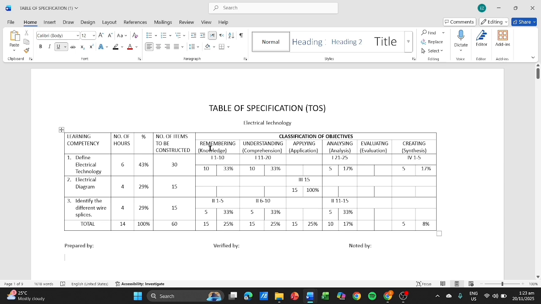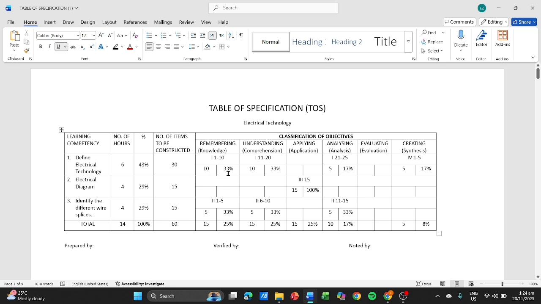I set the 30 items to 4 classifications of objectives, which are remembering, understanding, analyzing, and creating. So I just put 10 items for remembering, and 10 items also for understanding, and 5 items for analyzing, and 5 items for creating.